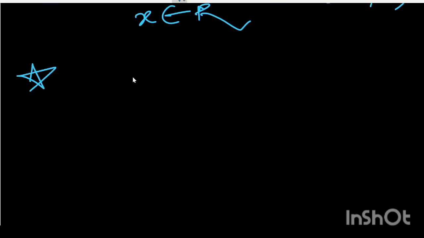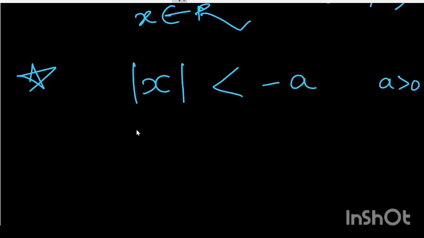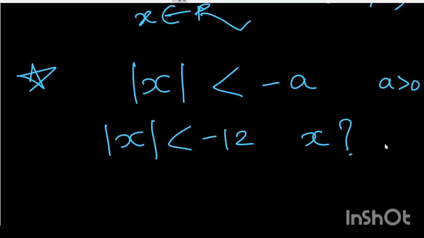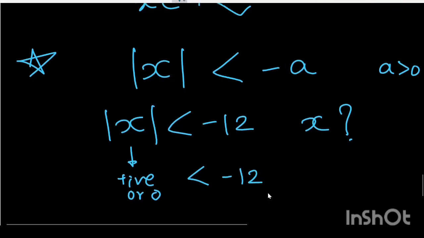Now if they ask |x| less than minus a, where a is positive, for example |x| less than minus 12, for what x, then what will you say, guys? In that case we use this reasoning: |x| is positive or 0, and positive or 0 being lesser than minus 12 is not possible.